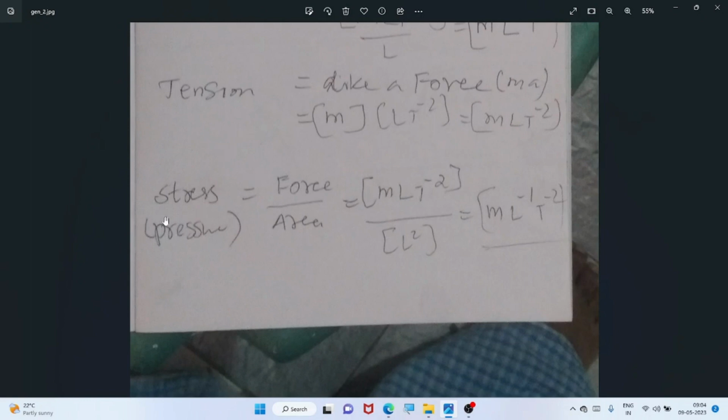Stress is also pressure only, force by area. Force by area, this area is L^2. So when it comes up, it will become L^-2, then there is an L, so L^-1 here.